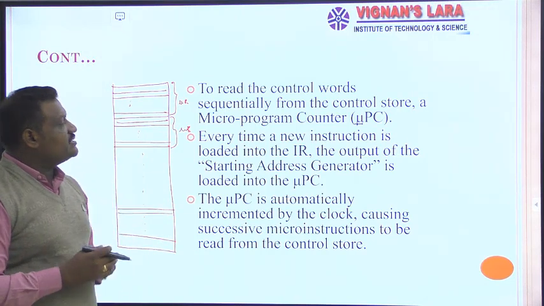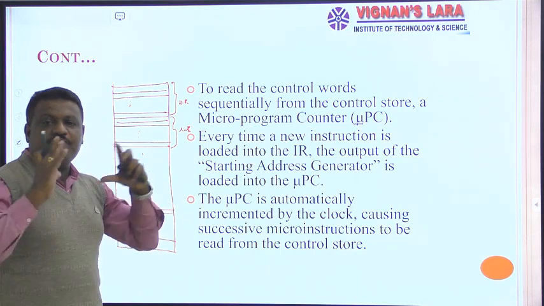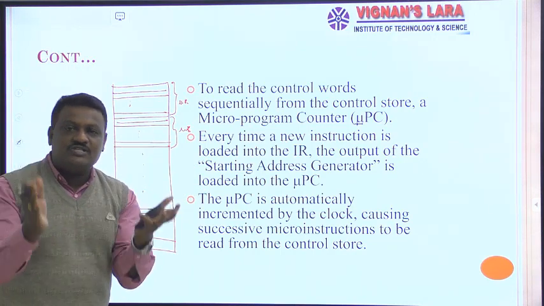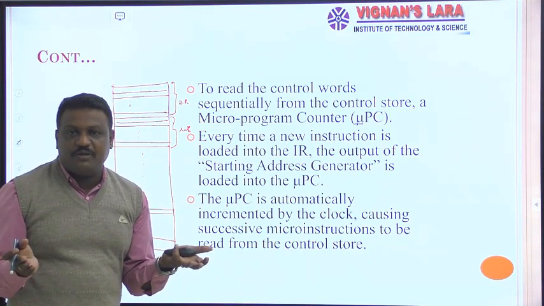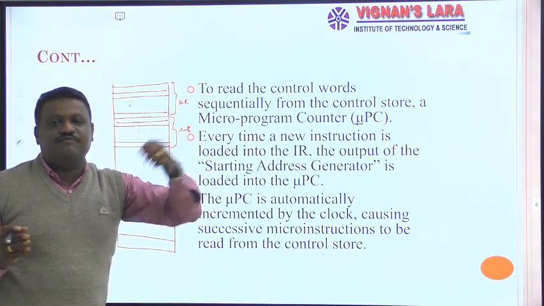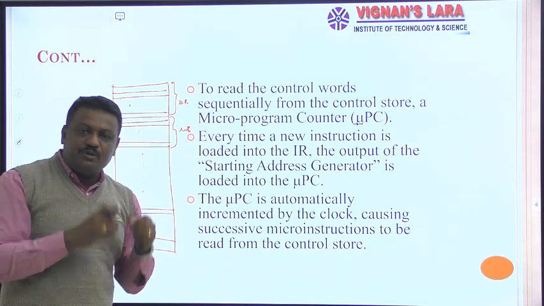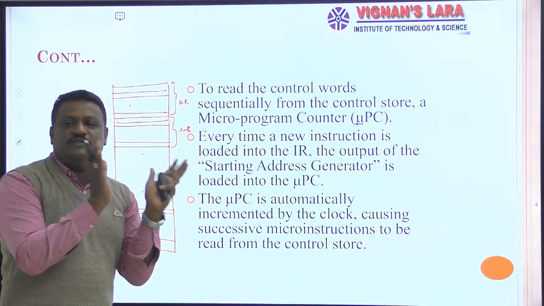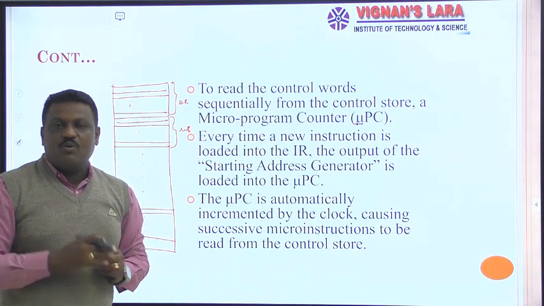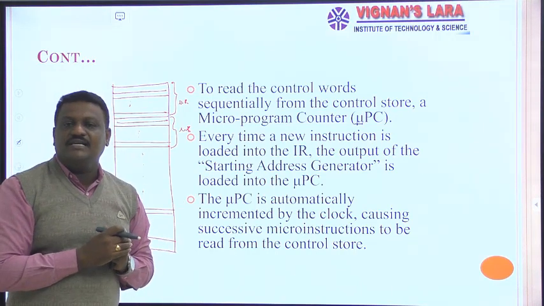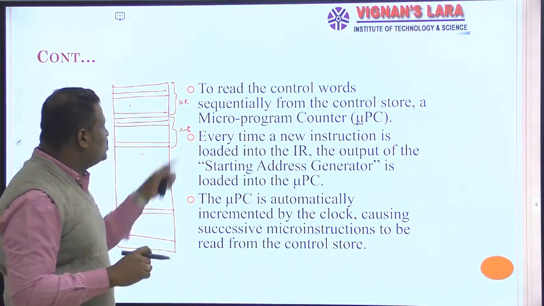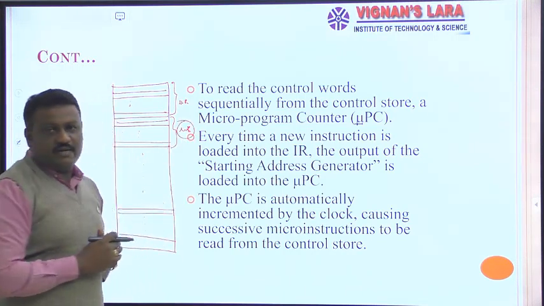Here what I am saying is, if I want to start a new instruction execution, I know that whatever instruction I execute using my CPU, first of all I bring that instruction from the memory and put it in my instruction register. Then I can say that my instruction fetching operation is finished. Once a new instruction is loaded into the IR, the instruction register, I have to start execution of a new micro routine.